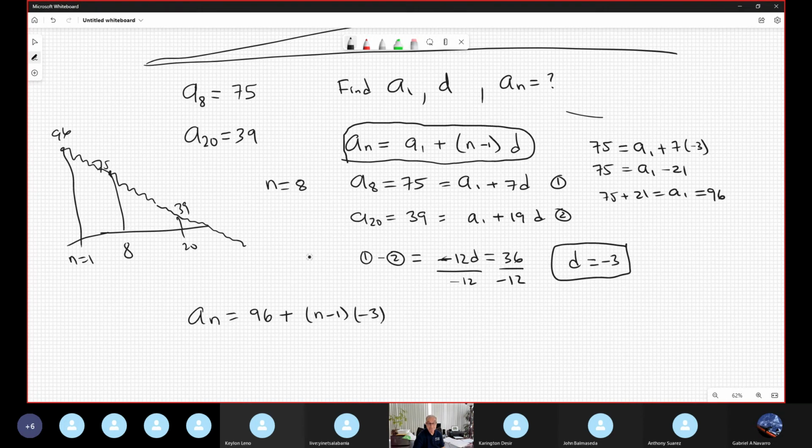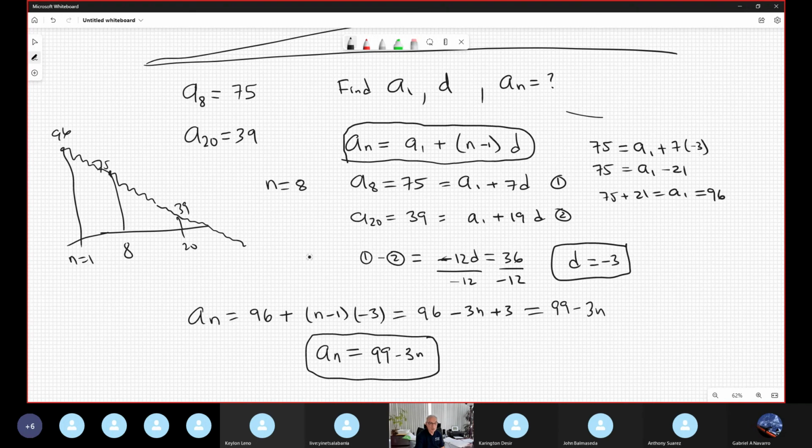Well, algebra: 96 minus 3n plus 3. 96 plus 3 is 99, minus 3n. Oh, this is the formula. A sub n is 99 minus 3n.